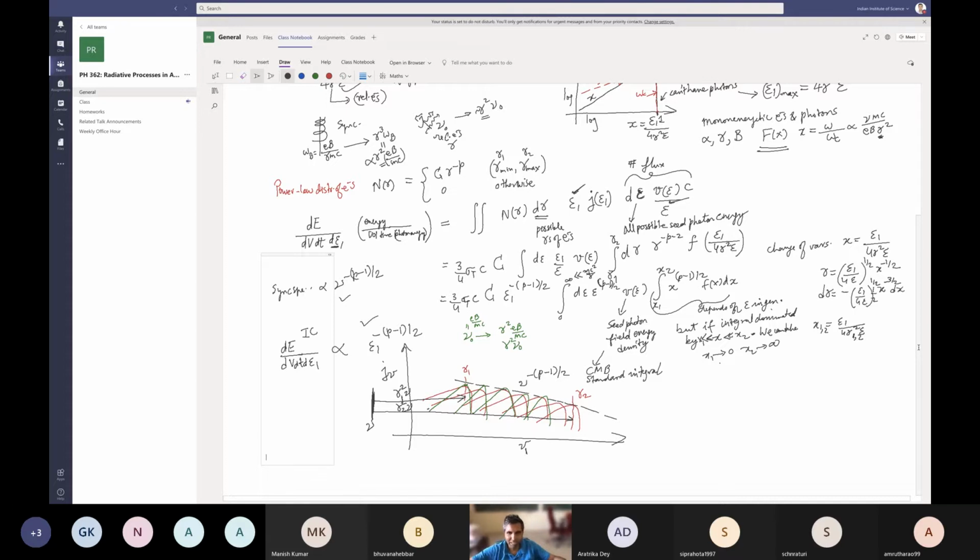One very important and special case is that of V epsilon being the CMB. The CMB is a black body, the cosmic microwave background, and V epsilon is defined as 8 pi epsilon squared by h cubed c cubed times 1 by the exponential factor minus 1.